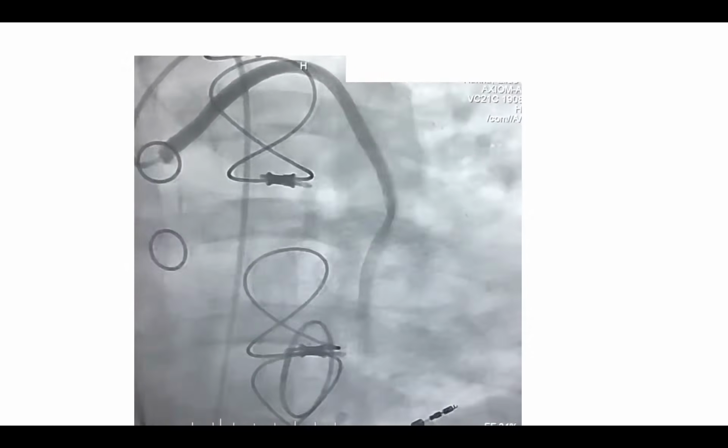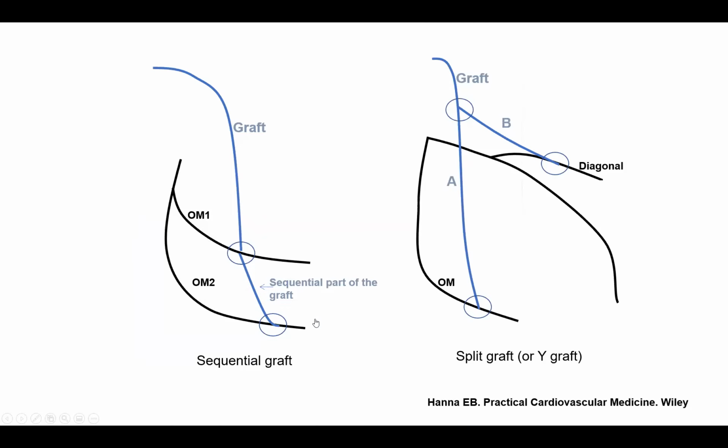This is another one of the final ideas here: the graft, what we call sequential and Y graft. I need you to know those. We see them often. So a sequential graft is a graft that is hooked to two arteries sequentially. So it's hooked side to side to OM1 and end to side to OM2.